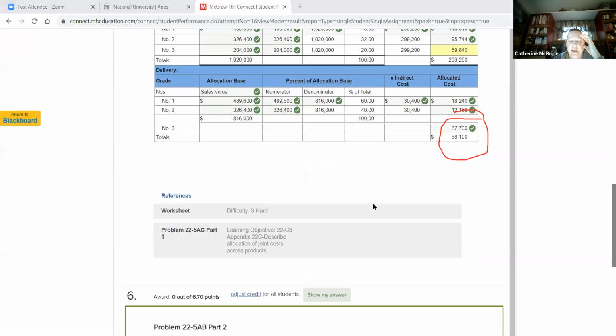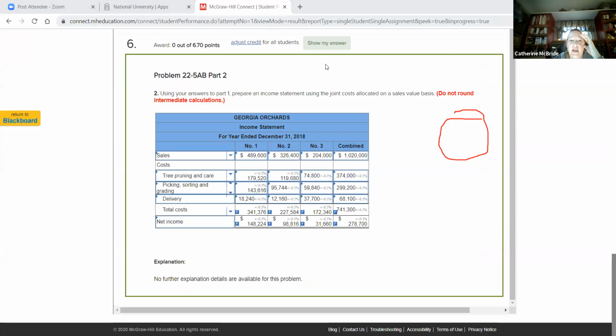And then we go down here, and those same numbers are right here for 1, 2, and 3.